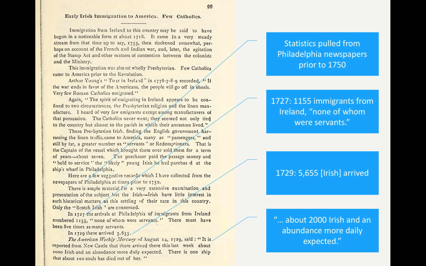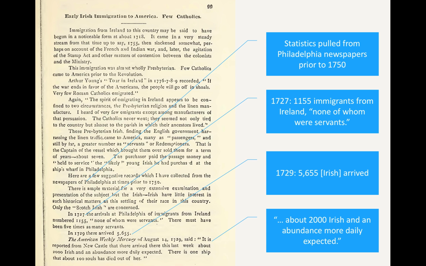And so if you're looking for information or clues about an early Irish immigrant in the Philadelphia area, this article may lead you down a brand new path that you've never thought of before. And it may give you insight into what that experience was like and what those numbers were like. If we know the statistics behind our ancestors' immigration, we can make better hypotheses around where we should research.